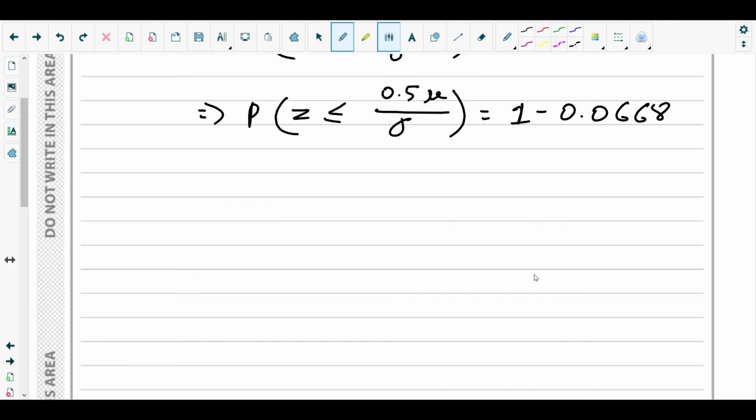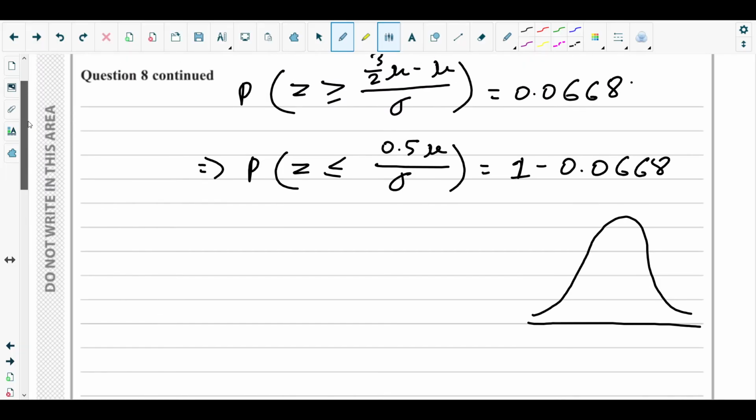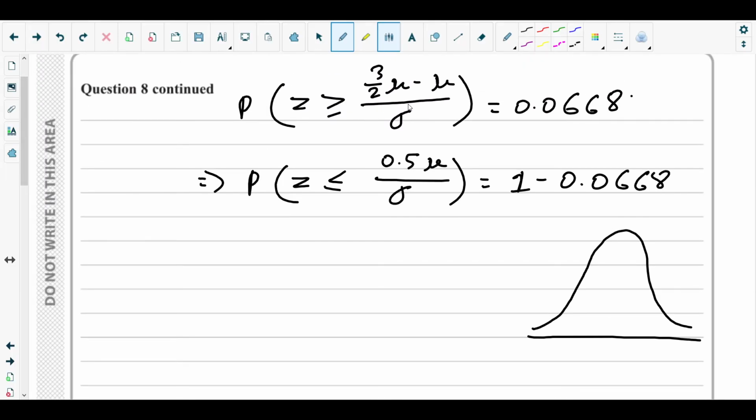This is because, if I show you using a bell curve, just a fast sketch: 3/2 mu is greater than mu, right? That means if this is the mu, then 3/2 mu would be here. Greater than that means this area, and this area is given as 0.0668.